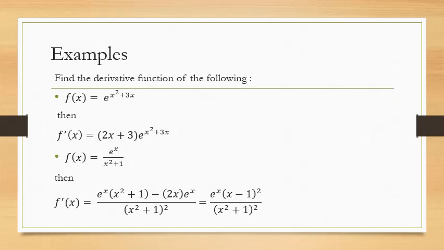So f prime of x equals u prime, which is e power x, times v, which is x squared plus 1, minus v prime, which is 2x, times the numerator e power x, over the denominator squared, which is x squared plus 1 all squared. We can take e to the power x common, then we have x squared minus 2x plus 1, which is an identity, x minus 1 all squared, multiplied by e power x, divided by x squared plus 1 all squared.